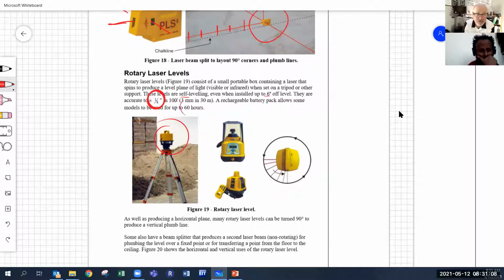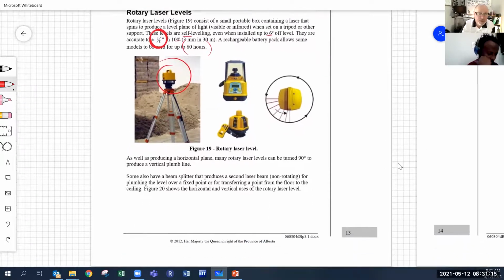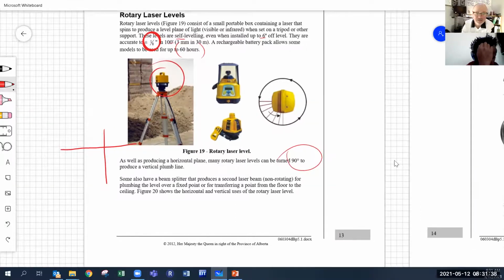And some of these battery packs last for quite a long time. But these rotary levels can be turned 90 degrees to produce a vertical line, or you can make them a horizontal line. Very beneficial on job sites. If you want things level and straight, these help tremendously.